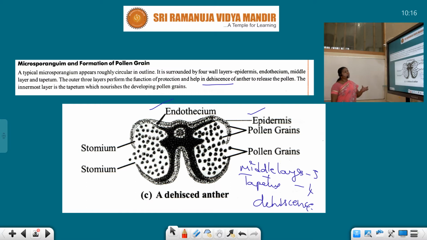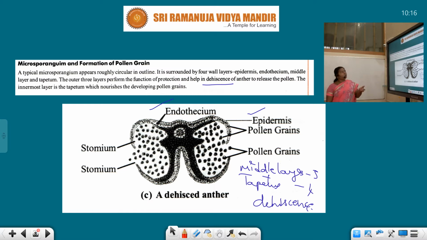A typical microsporangium appears like this. So this is the microsporangium, students. How will it appear? It appears circular in outline, but it is surrounded by 4 layers of cells. In the previous slide I have discussed them: epidermis, endothecium, and the middle layer, and the final layer is tapetum.